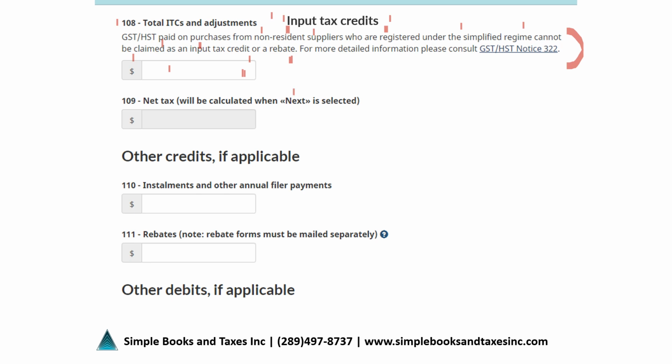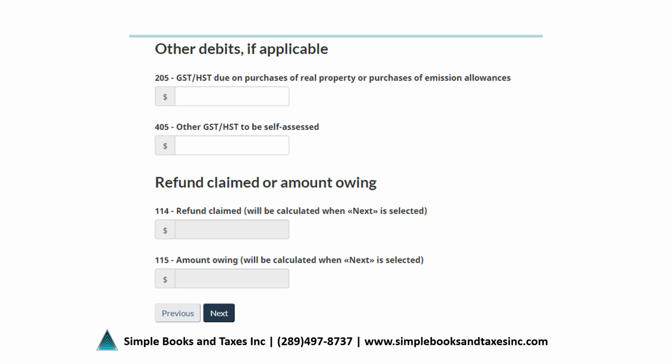Once we proceed by pressing on next, the system will automatically calculate the refund. So we don't have to enter anything over here. We don't have other credits, if applicable, so we are not going to enter anything on line 110 or 111. Other debits, if applicable.